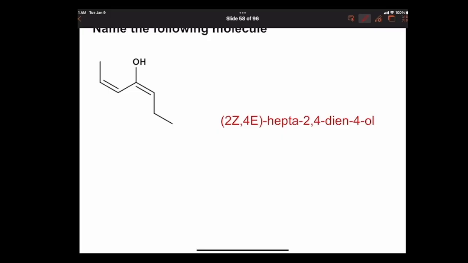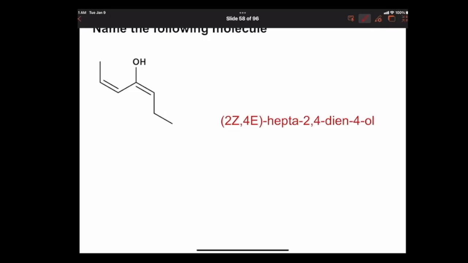Yes? Does it matter if the E and Z are alphabetical? No, usually when you put those out, numerical. So you list them out, the numbers and the letters associated with isomer geometry out front, 2, 3, 4 numerically with whatever number goes along with it. Yep. At least by convention. I don't think I've ever seen alphabetical up front with those.